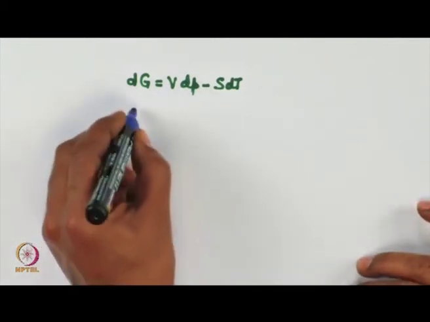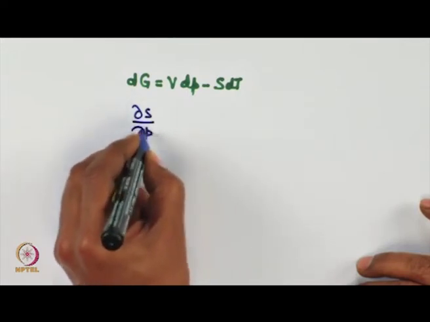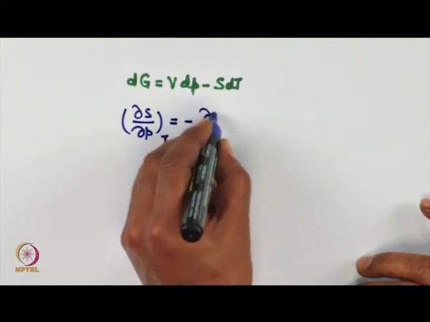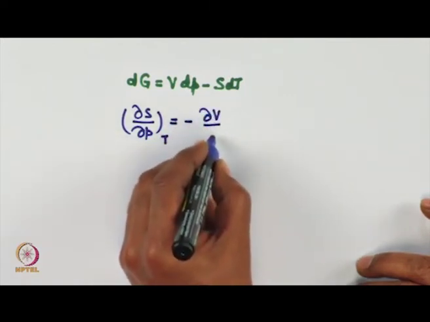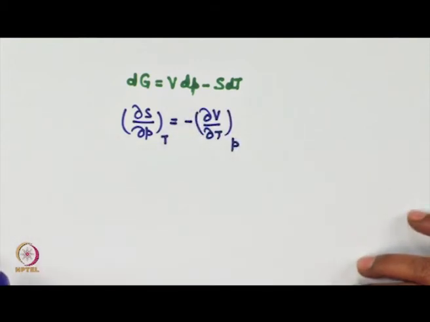According to this, the variation of entropy with pressure at constant temperature is minus the variation of volume with temperature at constant pressure.